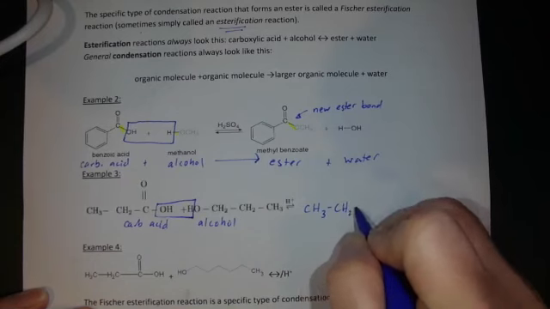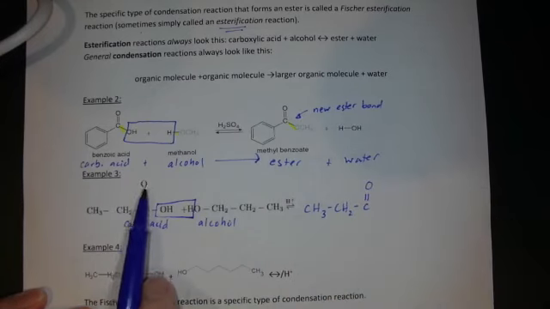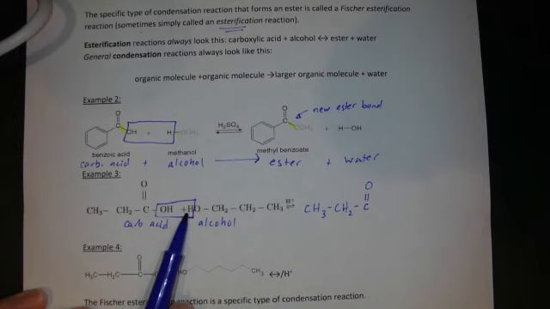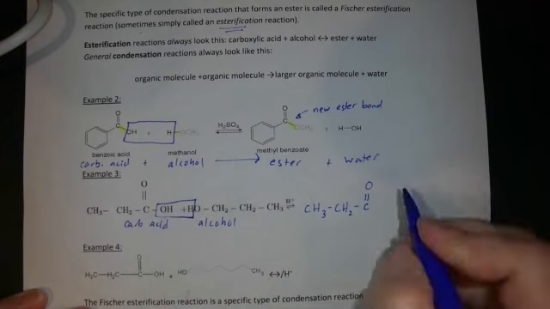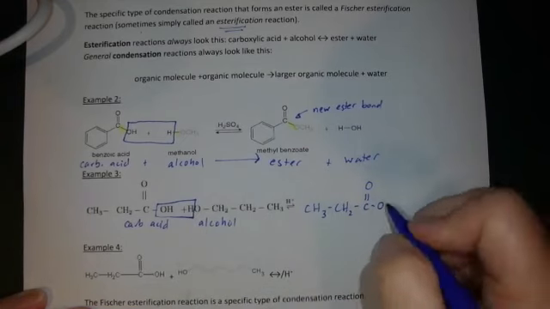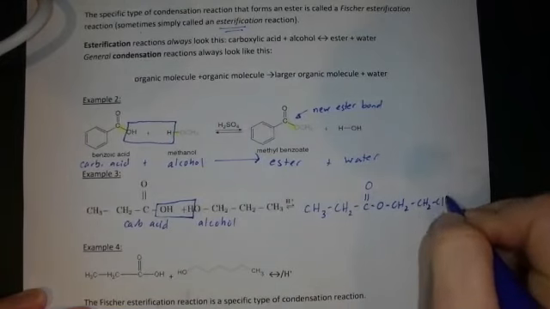CH3, CH2, C, carbon double bond O. So far I've kept it the same. But that bond now, the O is gone, the H is gone, the H is gone. So this bond now connects over to the O. Remember that the OH and H are gone. So C connects over to this O. And now the rest of that molecule also does not change. Keep it exactly as it was.